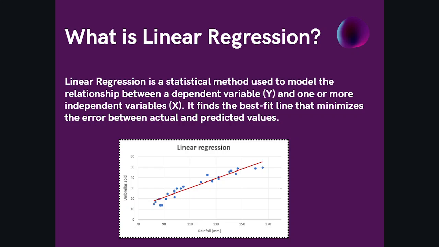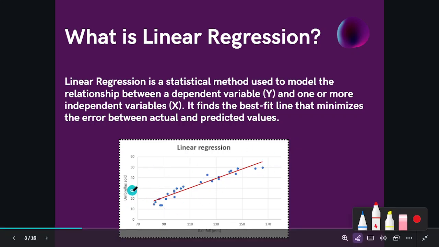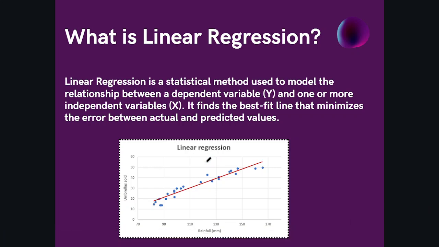In this particular graph we are going to study how the sale of umbrellas depends on the amount of rainfall that took place. These data points are collected by data surveys done by companies and so on.